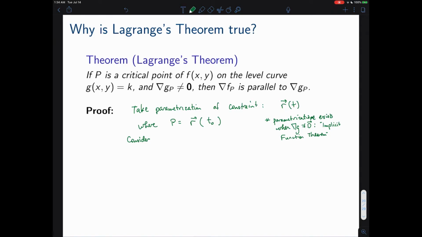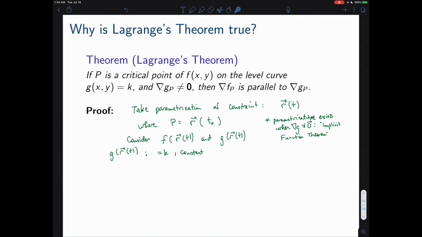Now what we want to consider is f of r(t) and g of r(t). All right, so let's start with g of r(t). What's g of r(t)? Well, it equals k. It's constant because we're following the curve where g equals k.